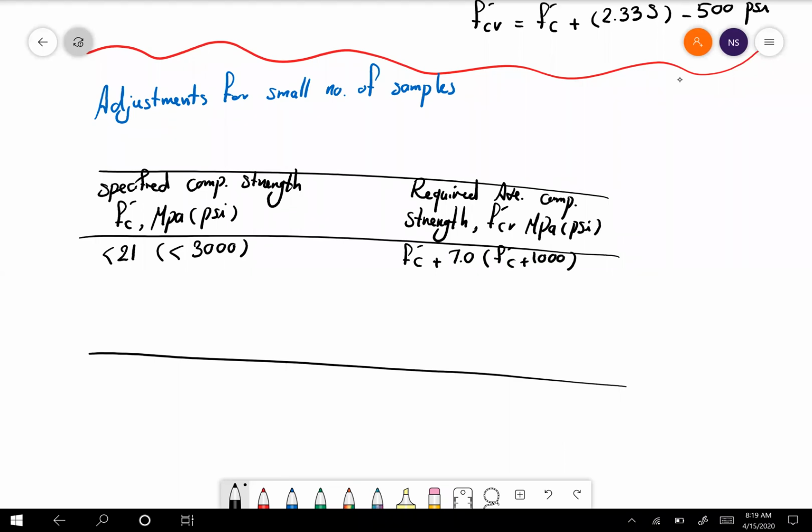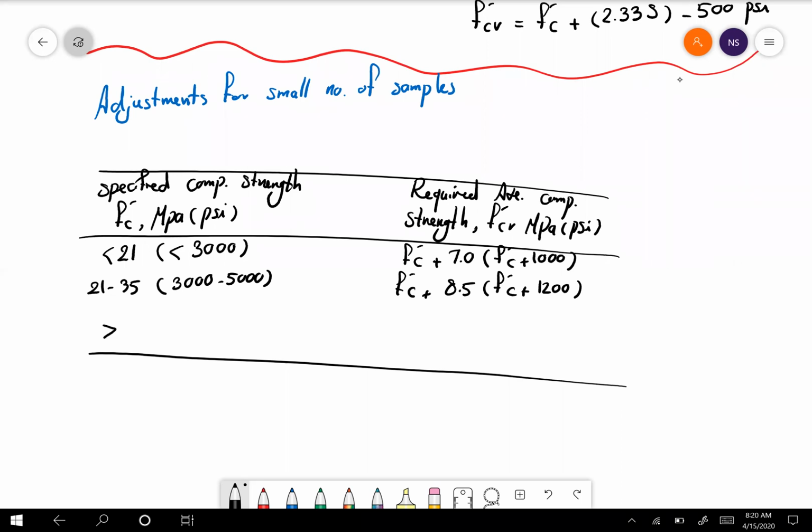If we are between 21 to 35 megapascal, or 3000 to 5000 psi, then we have F prime C plus 8.5 or F prime C plus 1200. The first one is megapascal and the second one is PSI.